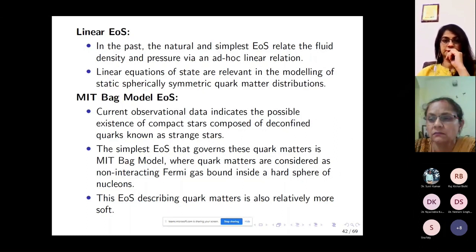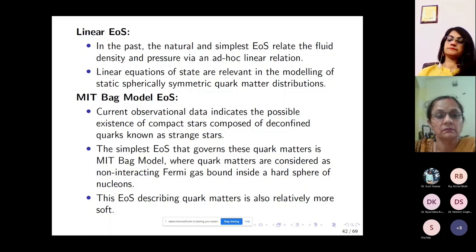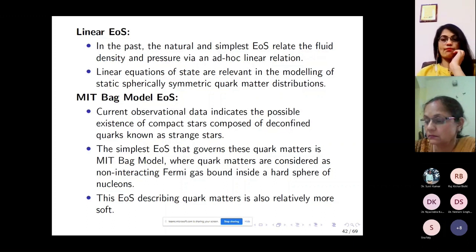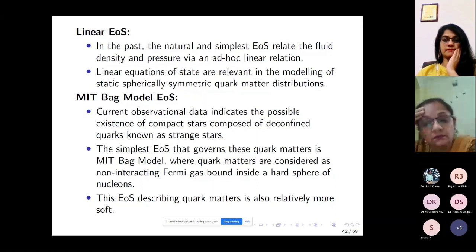The equation of state, that is P equal to P of rho, can be well approximated by linear functions in the energy density and the pressure. And the linear equations of state are relevant in the modeling of static, spherically symmetric anisotropic quark matter.